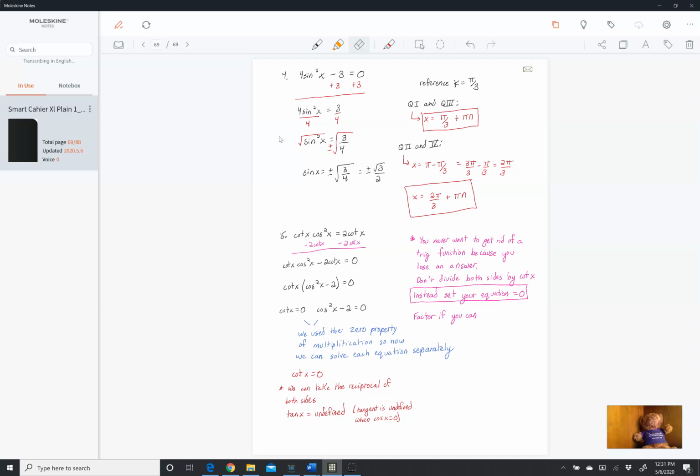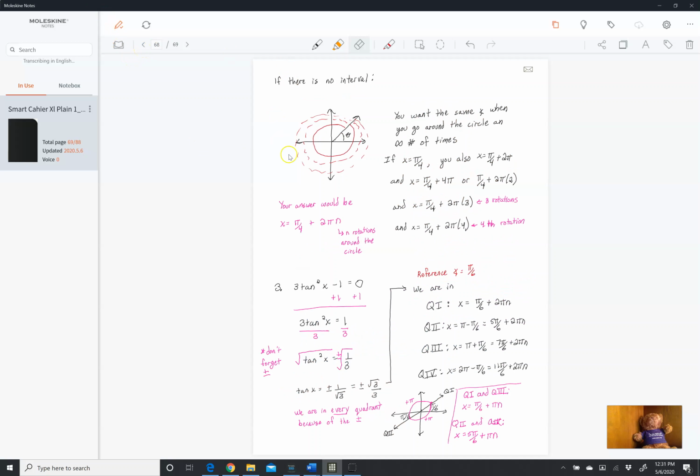And where does cosine equal 0? Okay, well, think back to your unit circle. Let's see if we can find it. Cosine is equal to 0 here, okay, and here. If we take this value and we add pi, we get this value. If we add pi again, we get this value.